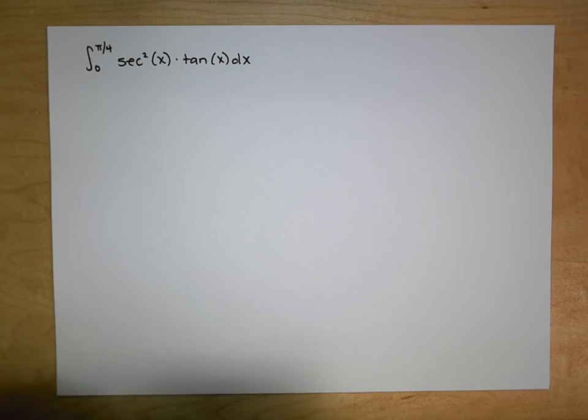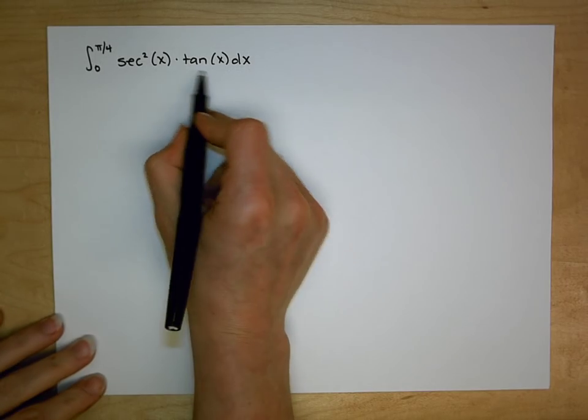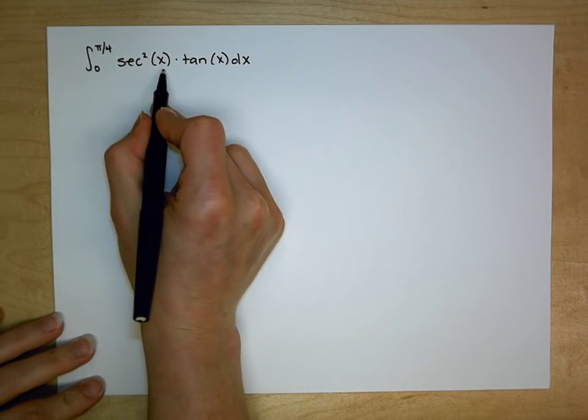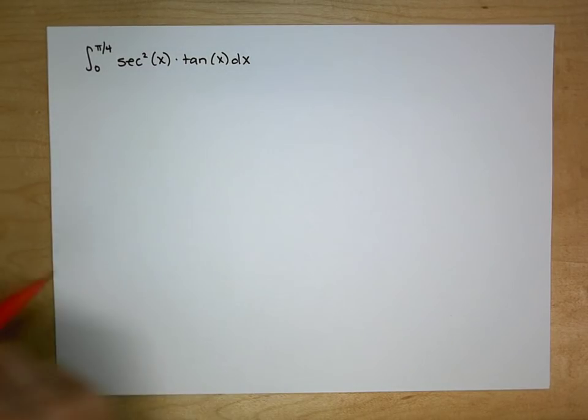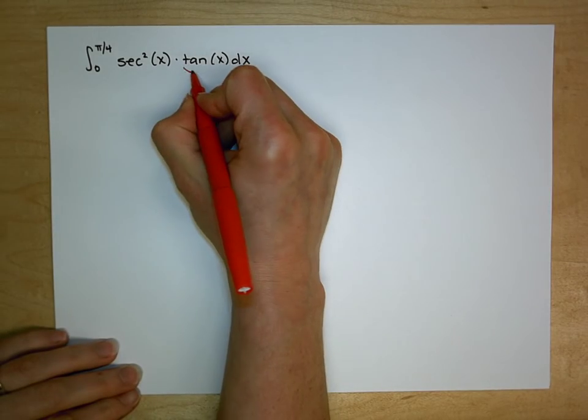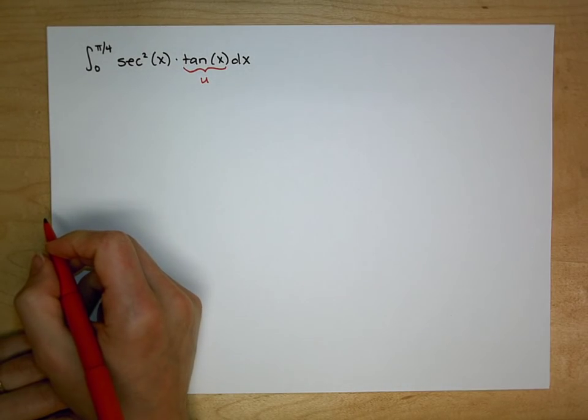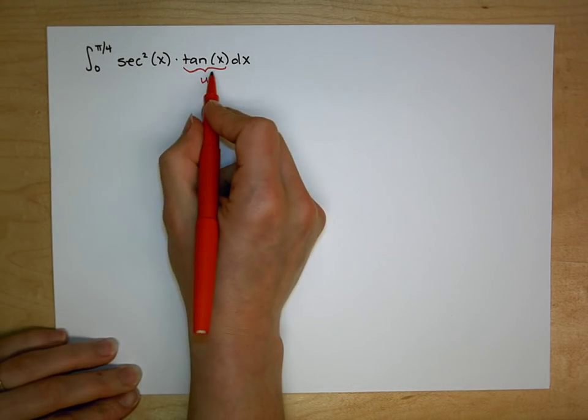but let's just think about whether we see a function and its derivative. Okay, so I see that I have tangent, and I know that its derivative is secant squared. So just with that in mind, that's a good place to start as far as u substitution goes. If you see a function and its derivative, make the function u.